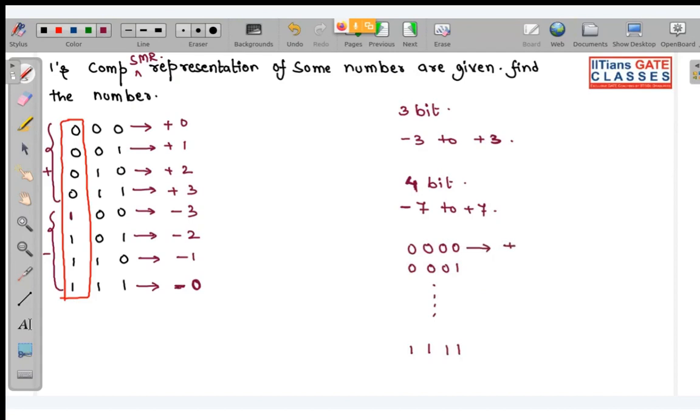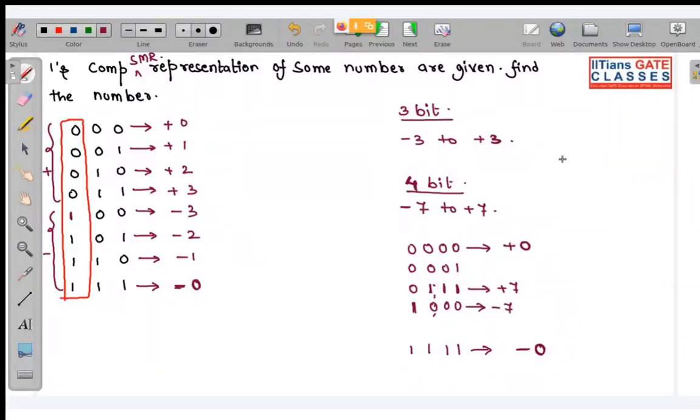This will be +0, and over here this will be -0, and in between you will get 0 1 1 1 and 1 0 0 0. So this will correspond to +7, and this number will correspond to -7. So from -7 to +7 in 4 bits.